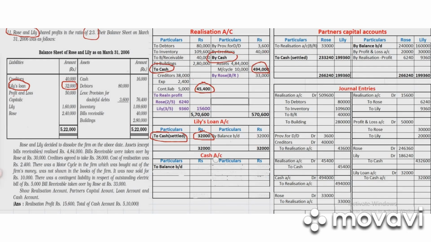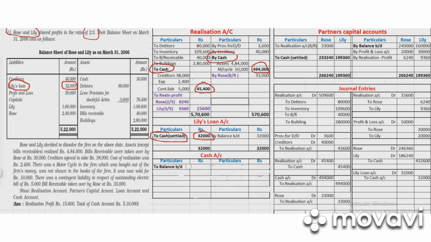So the first step in the preparation of cash account is writing the opening balance. The opening balance you get from the balance sheet. You can see it is on the asset side, the first item. This item we did not take anywhere. So this cash 16,000 will be coming in the debit side of cash account.